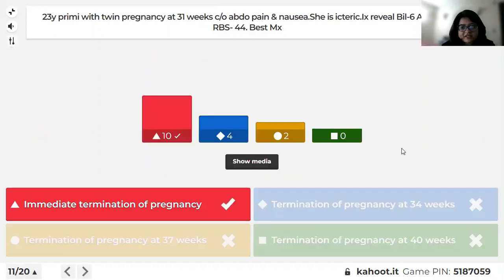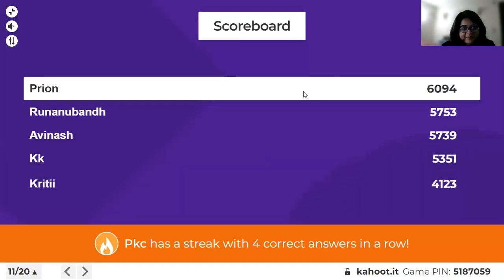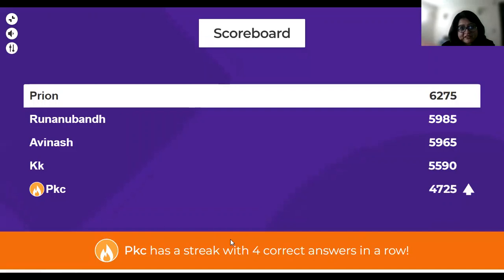Yes, what is the diagnosis? Can anyone write in the chat box quickly? Okay, so PKC enters the scene. What is the diagnosis? Quickly tell me. Yes, good. Acute fatty liver, good Pratvesh. Acute fatty liver of pregnancy is the diagnosis. So the treatment is immediate termination of pregnancy.